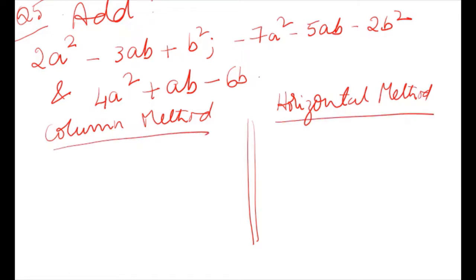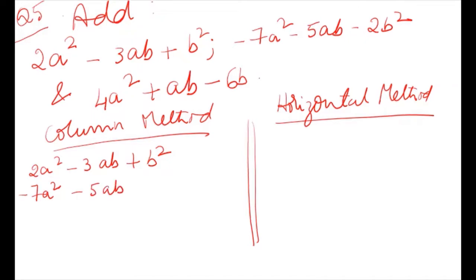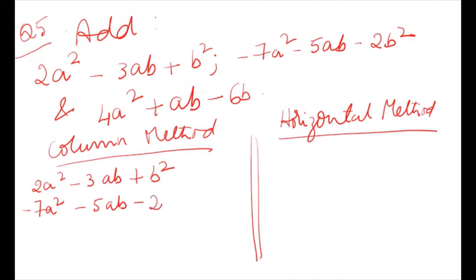And column method, the first expression we write as it is, 2a square minus 3ab plus b square. Then second one minus 7a square minus 5ab, then minus 2b square. But in the third one, you have to pay attention. There is a new term 6b. Okay, let me do it.